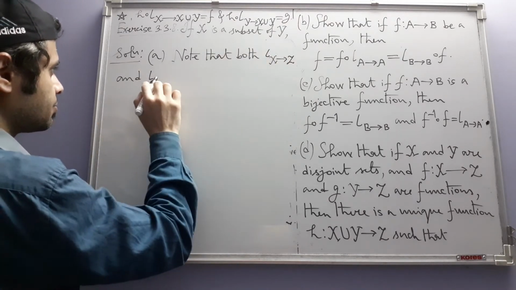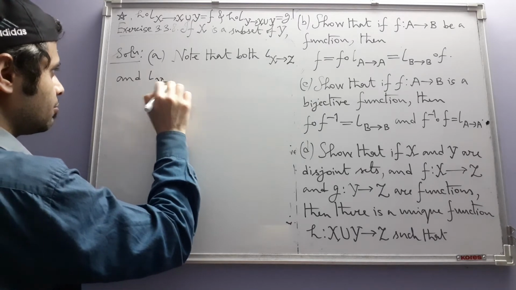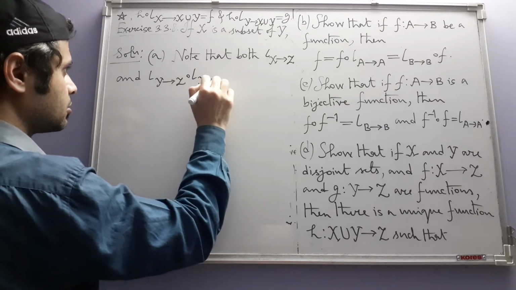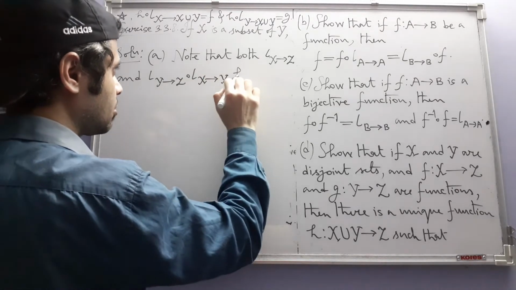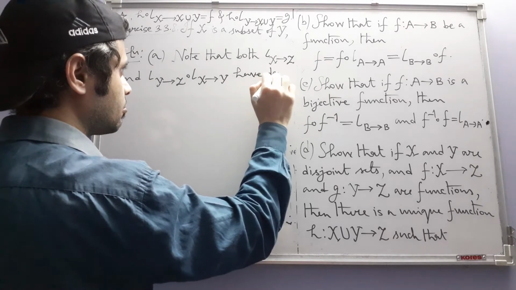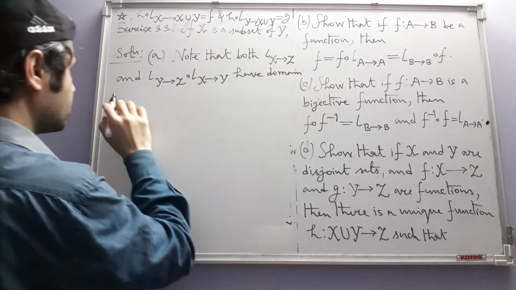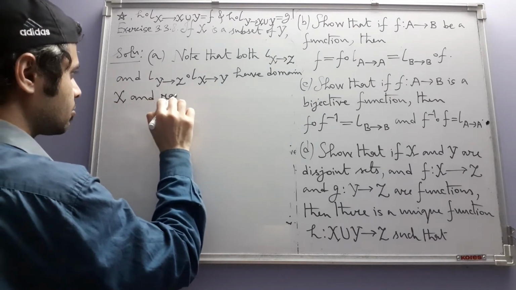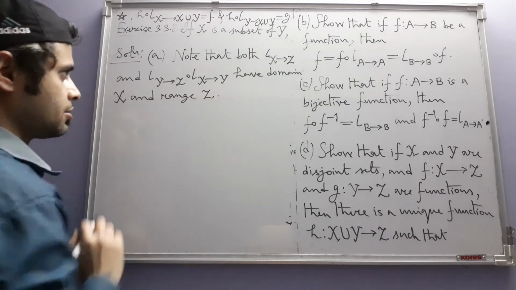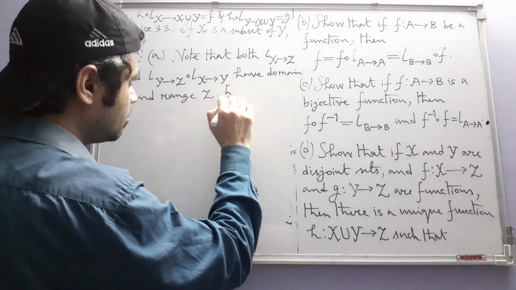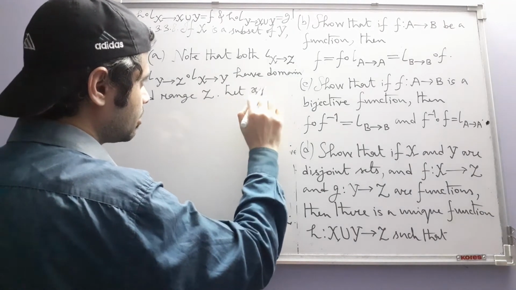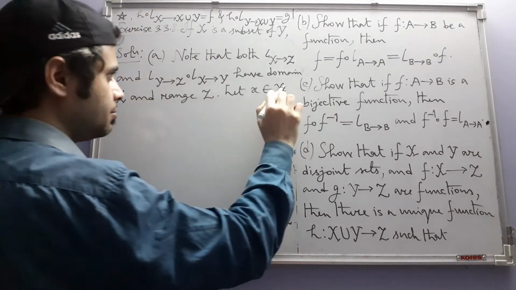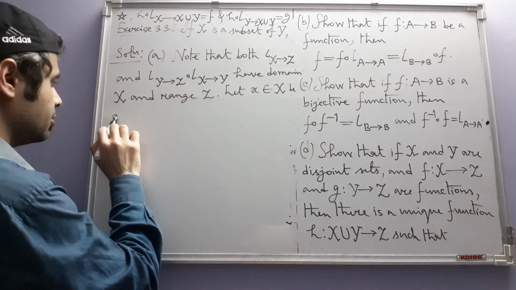And first of all, we have Y into Z, then we have X into Y, have domain X and range Z. Let x belonging to X be any element.